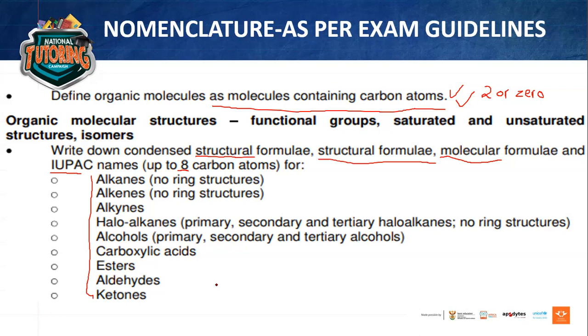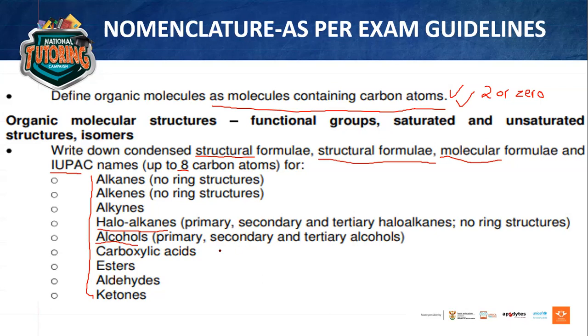Once more, my dear learners, these two homologous series, the haloalkanes and the alcohols as well, remember, we must be able to identify a primary haloalkane or alcohol, a secondary haloalkane or alcohol, and a tertiary haloalkane or alcohol when we are given a structural formulae.